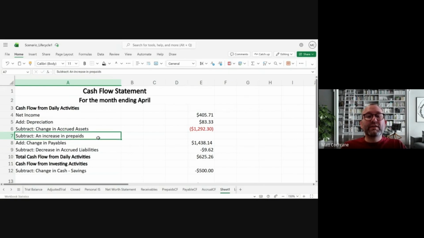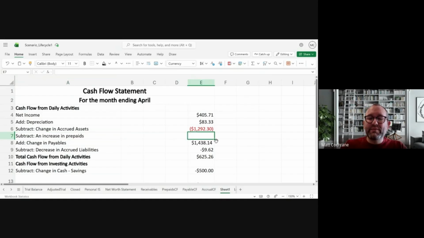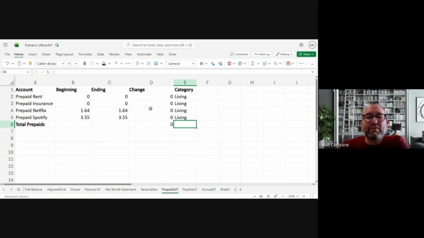Okay, if you had a decrease in prepaids, then you would add the decrease in prepaids. Okay, but in this example, this is going to be 0. And that's because when we look at the beginning balances and ending balances of these two, the difference is 0, so the total is 0.